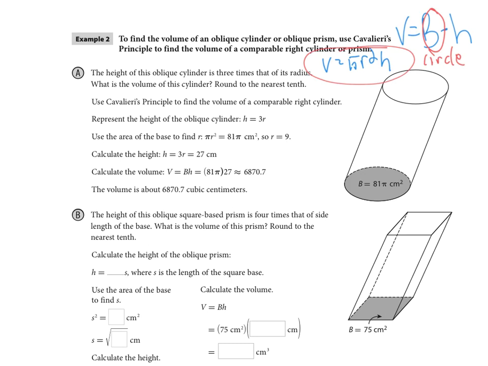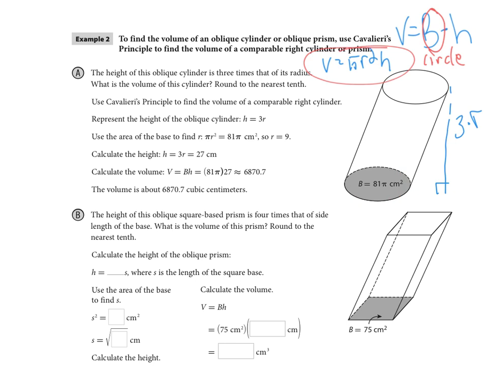Example A: the height of this oblique cylinder is 3 times that of its radius. So we're being told here that this height, and remember height is still at a perpendicular, 90-degree angle, we don't know its exact measure, but we do know that it is 3 times the radius. So let's see if we can figure out what the radius is from some other information. And it looks like we can, because we are told that the area of the base in the diagram is 81 pi.